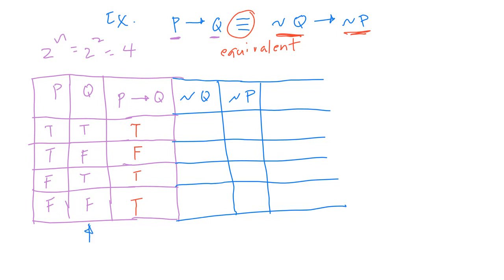So just take the opposite value for the second column. So you have T, we'll get F here, then T, because that's F, and then you have a T, that should be F, and the last one would be T from F. And then for not P, you're looking at the first column and take the opposite of the values there.